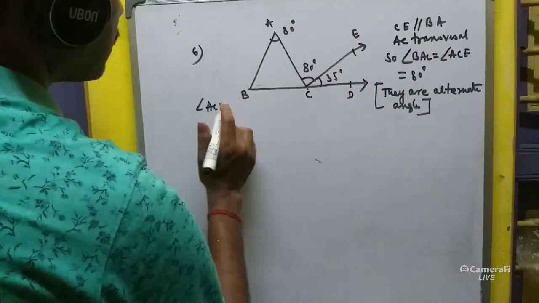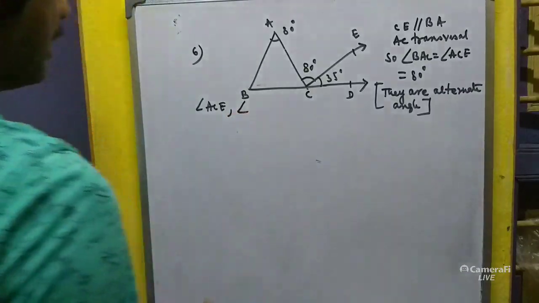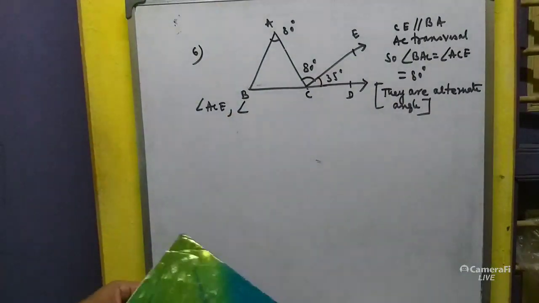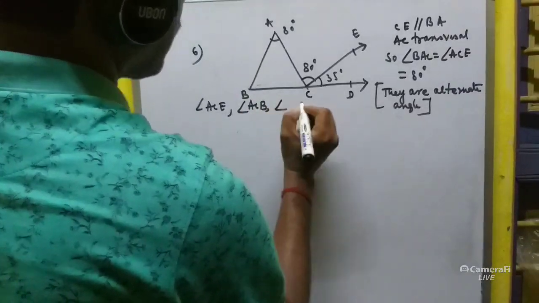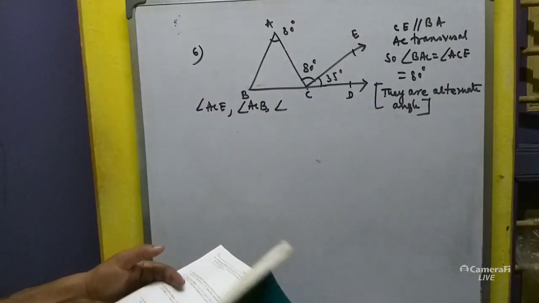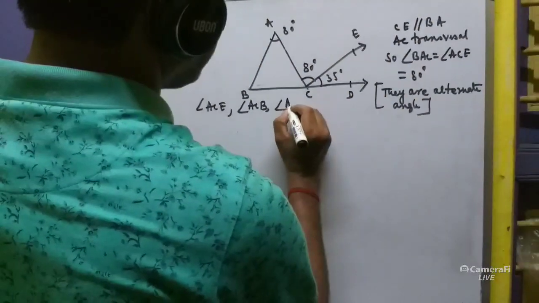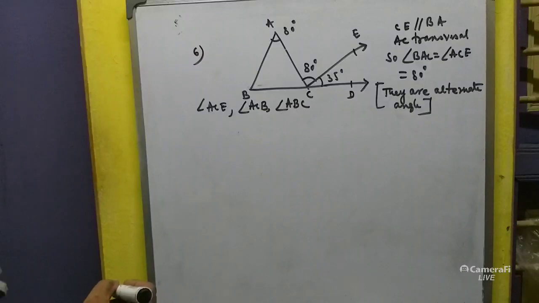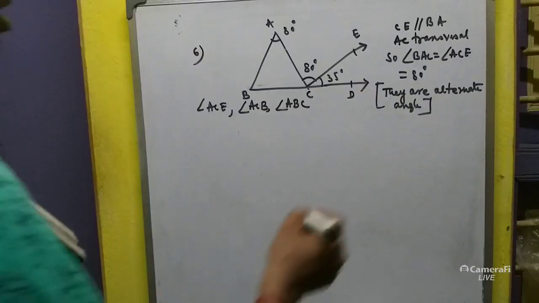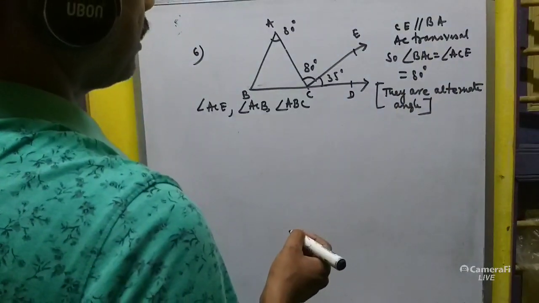Second one, angle ACB. A third one, angle ABC. Now ACE already found out because it is 80.